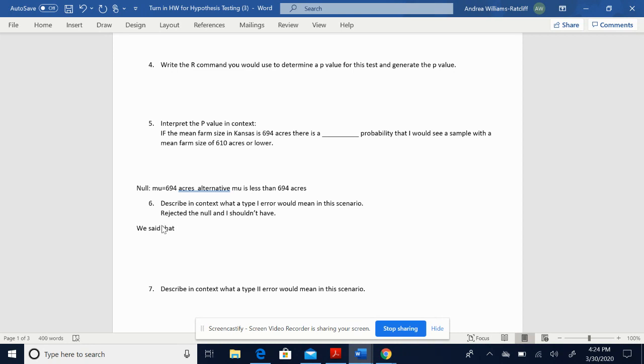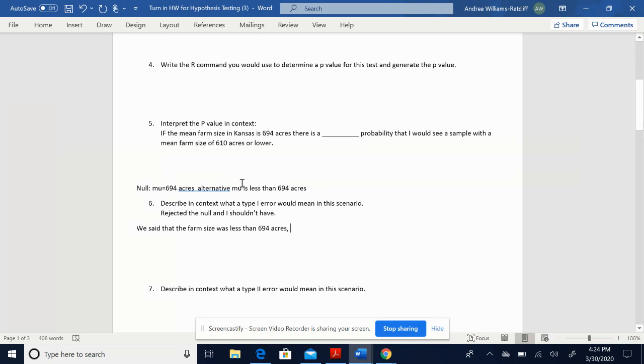So we said that the farm size was less than 694 acres. Remember, when we reject the null, we reject it in favor of the alternative. Now, that's wrong. That's why it's called an error. In a type 1 error, this is what I said, and it was wrong.